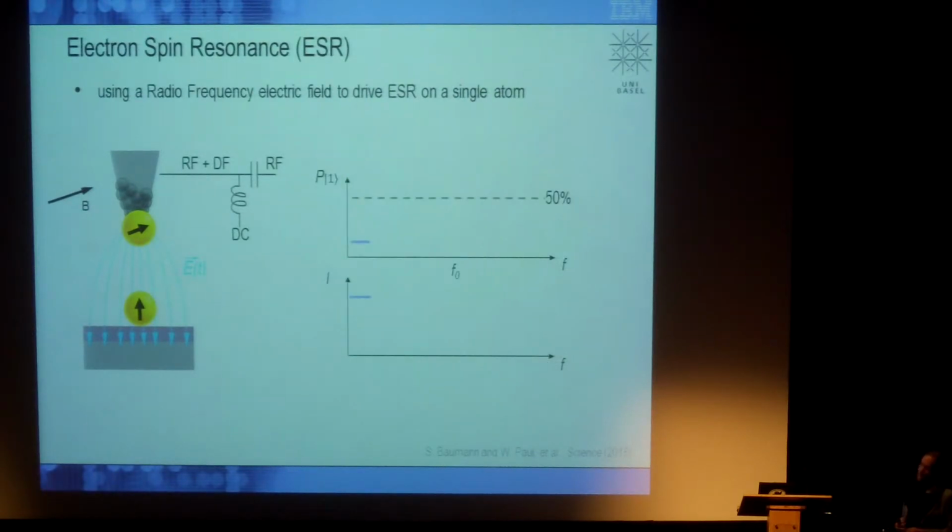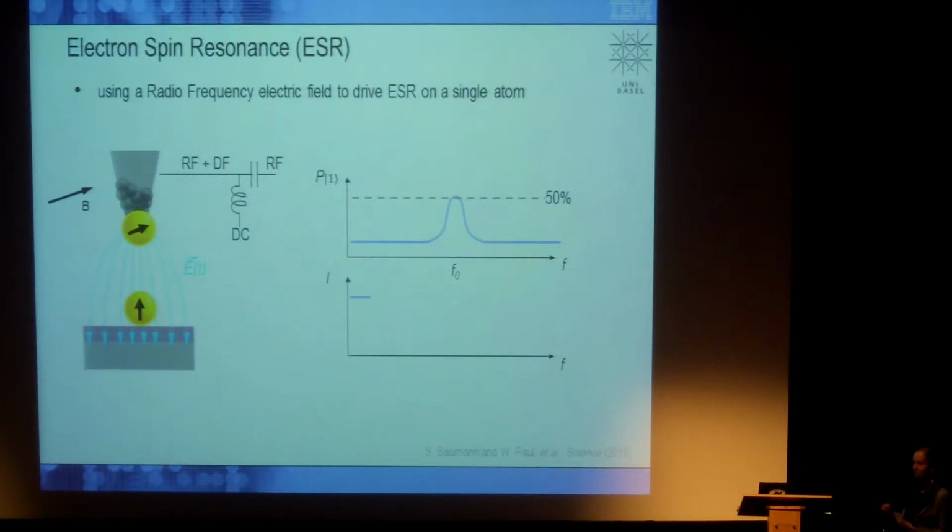Now, what we want to detect is a change of the population. When we start, the atom is in the ground state, only thermally populated, and what we want to do is drive it with the electric field so that it's randomized and driven to 50% of the excited state.